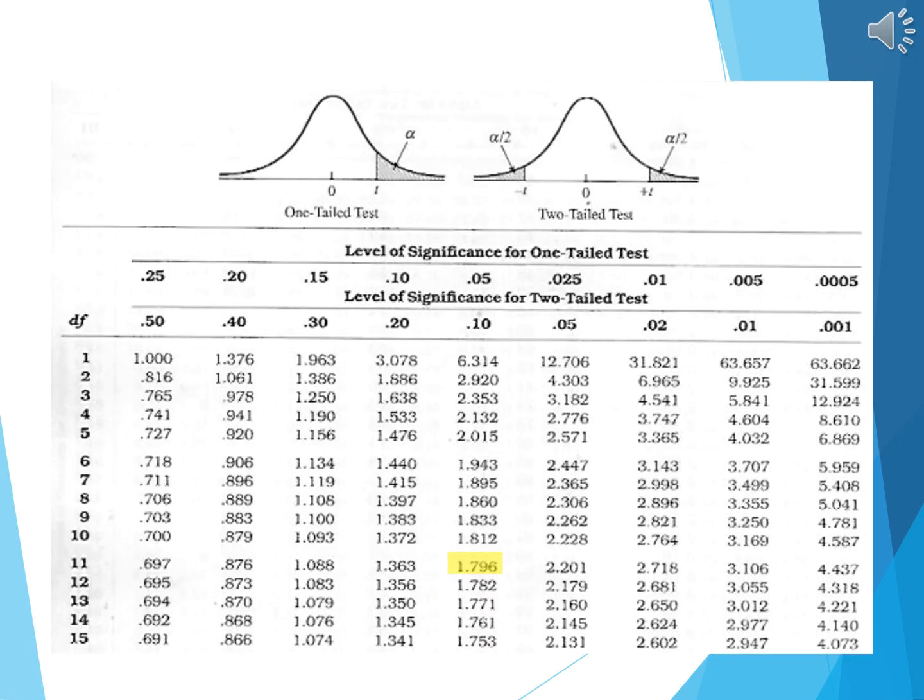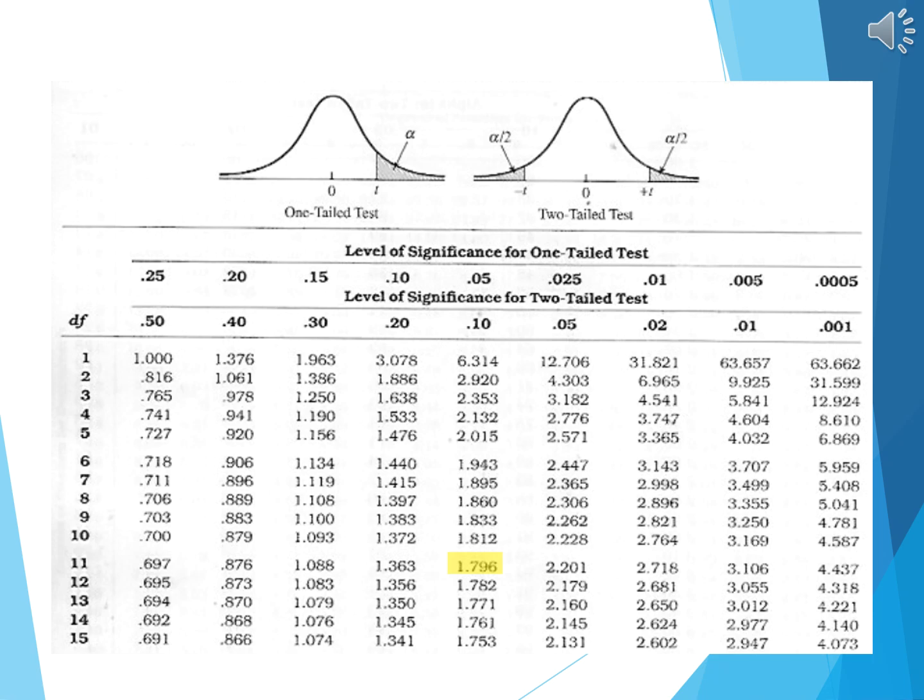So we find the row for the degrees of freedom equal to 11, and the column is going to be a level of significance for a one-tailed test of 0.05. And if we go to where the row and column meet, we find a critical t-score of 1.796.